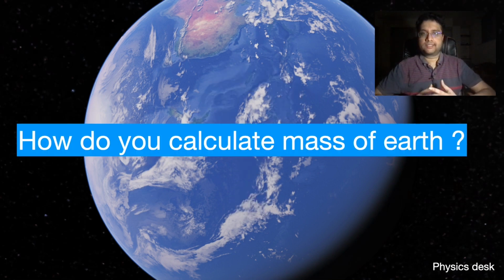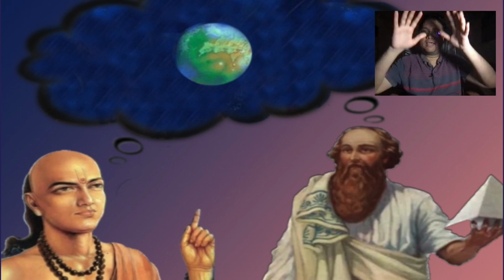Well, this task of estimating the mass of our planet has been undertaken since ancient times. Astronomers and mathematicians of the ancient world became aware of the fact that Earth was a huge spherical object around which the heavens revolved.